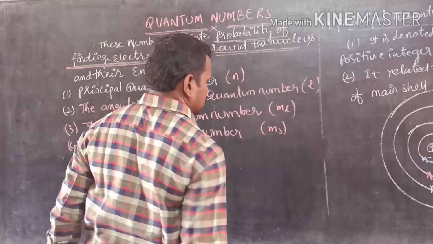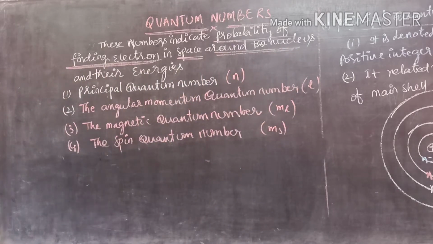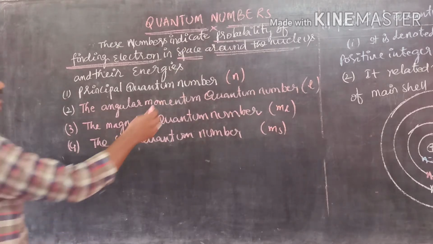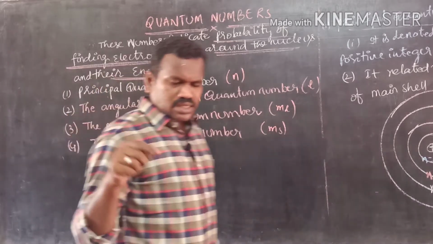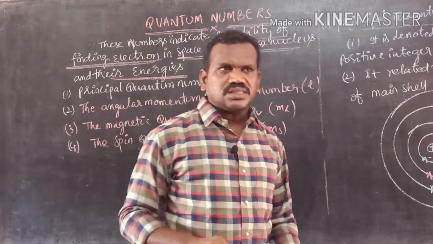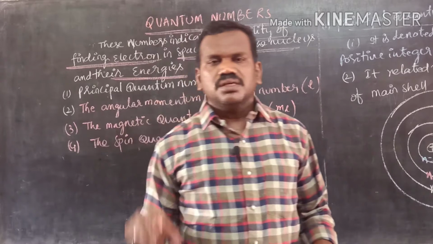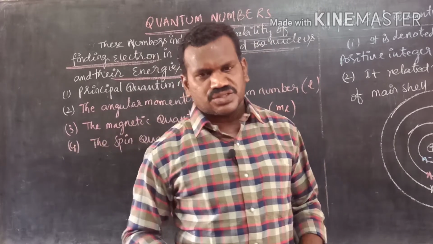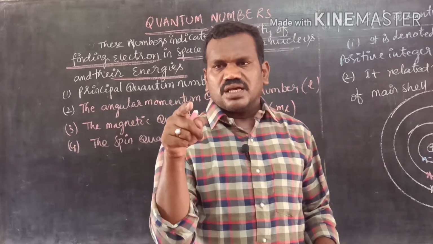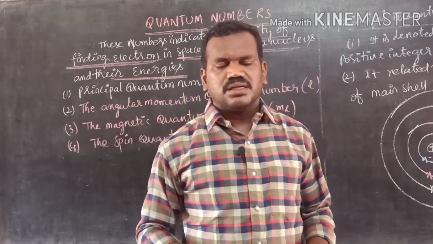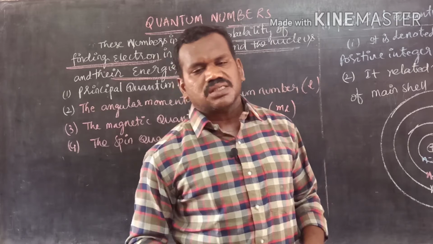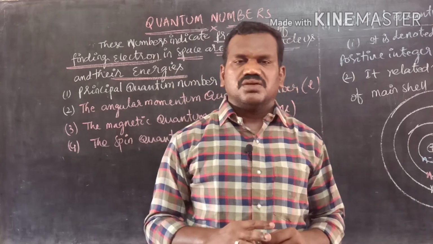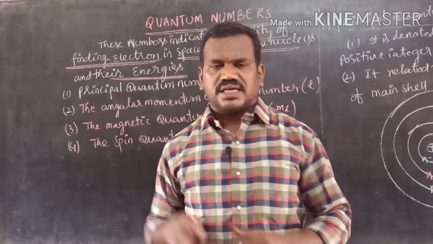Where is that space? Around the nucleus, because we already know electrons are revolving around the nucleus, and at the same time they have different kinds of energies. If the electron is in the first orbit, it has one quanta of energy, in the second orbit 2 quanta, in the third orbit 3 quanta, as we already explained.